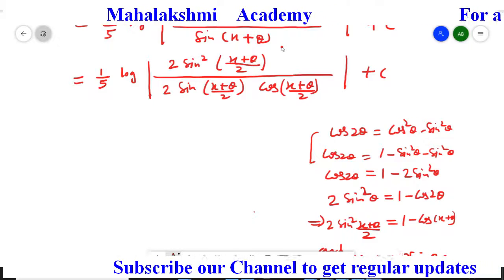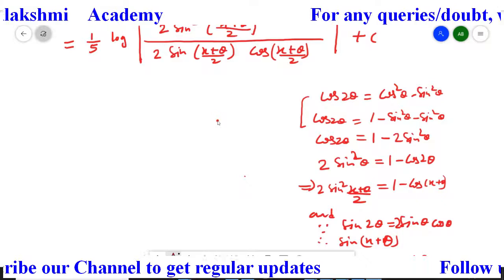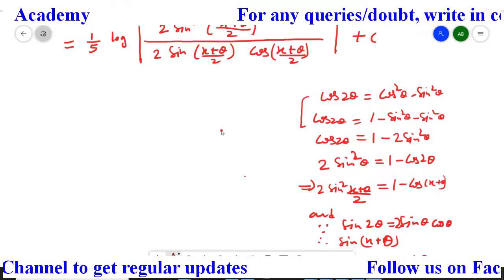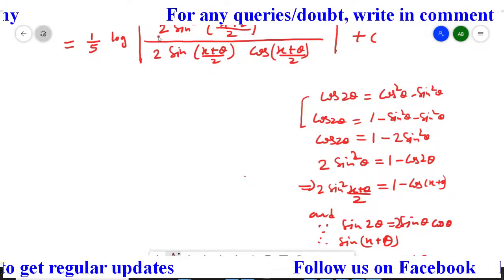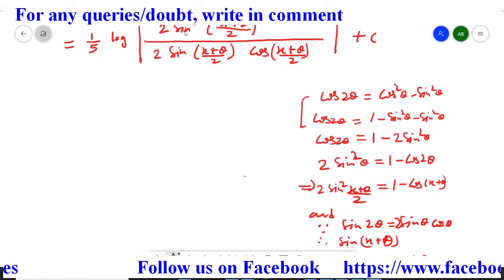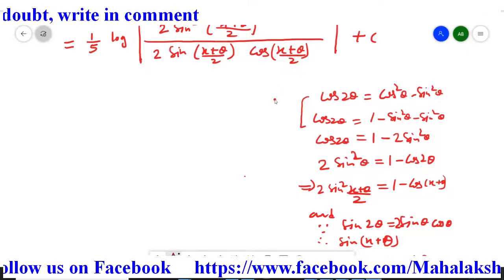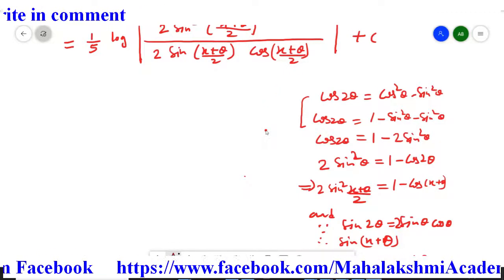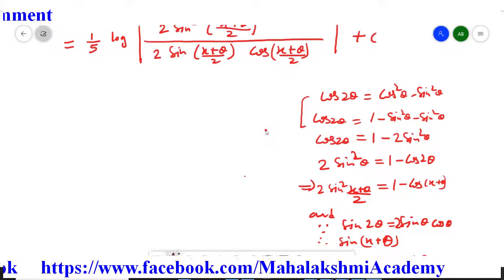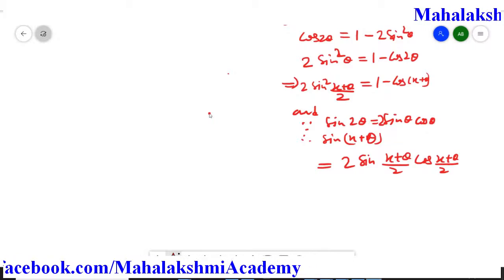So I hope how I used all these formulas is clear to you. Now what we have to see is this 2 will cancel by 2 and this sine will cancel by sine. So we remain with only sin((x + theta)/2) and cos((x + theta)/2). So we will write that down here. We will leave this space because we have used all these formulas.